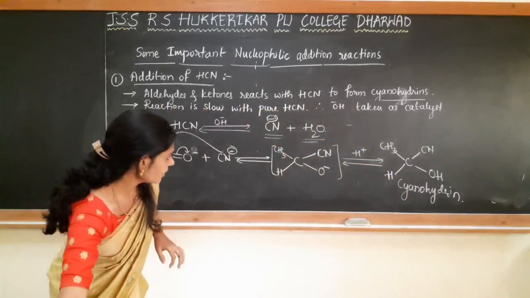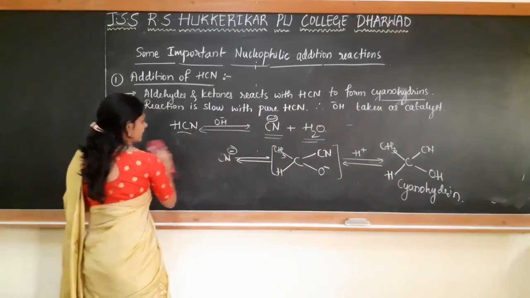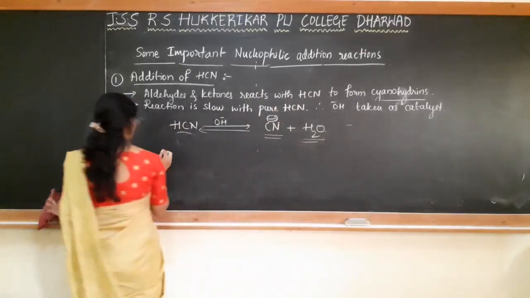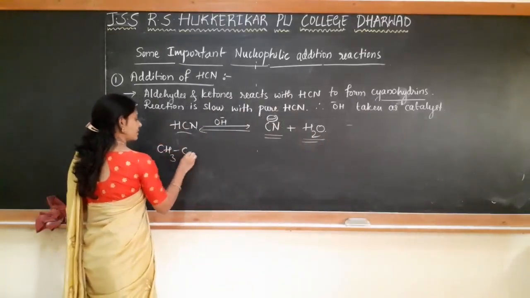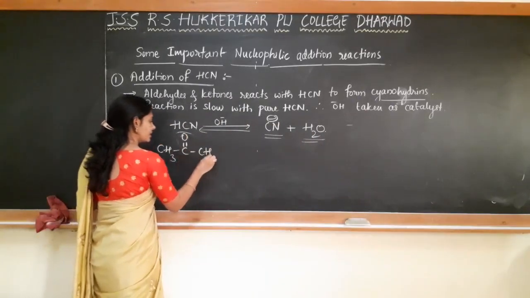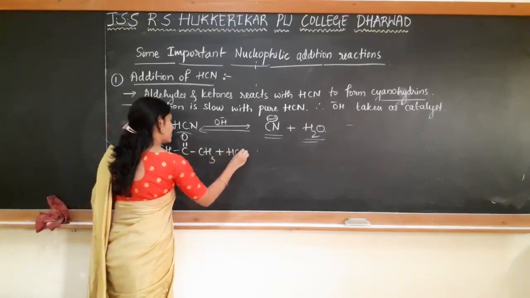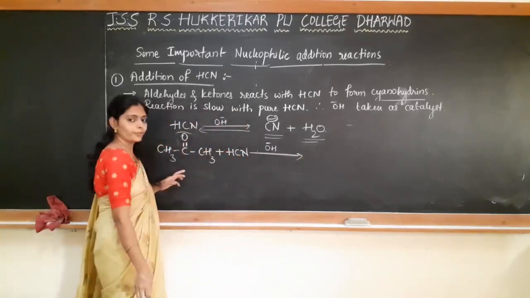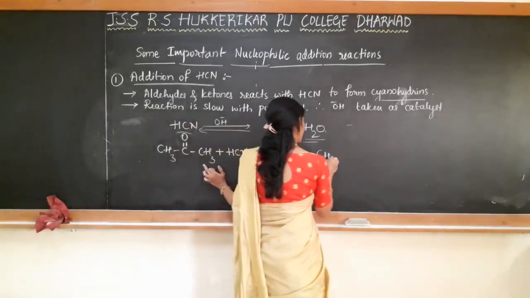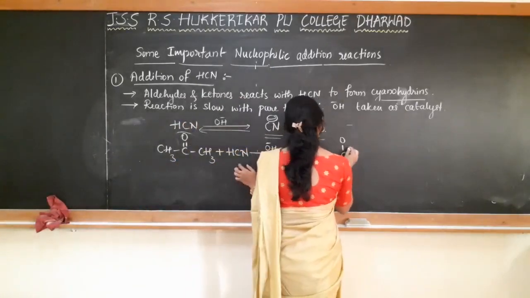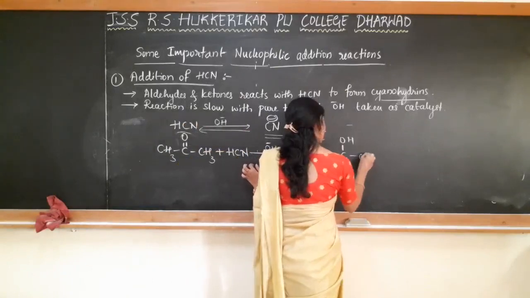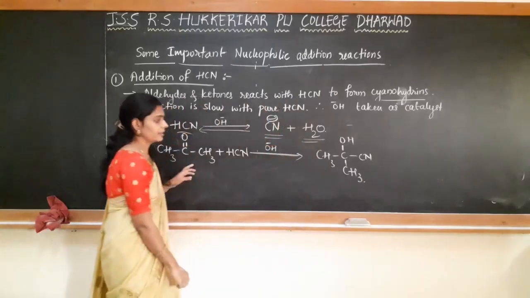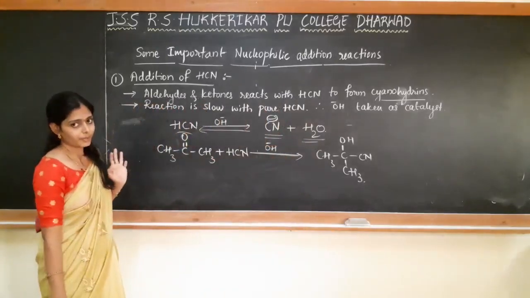Simply, if you want to write the example, you can write it like this. CH3COCH3, if I consider this as one example, what happens when it is treated with HCN in presence of OH minus? The product formed is CH3, C(OH)(CN), CH3. So this is how we get the compound as a product.